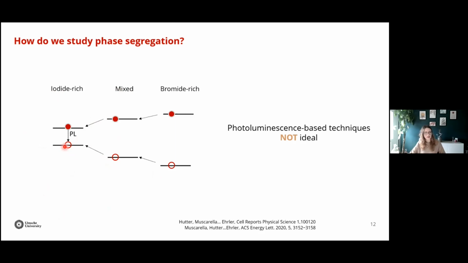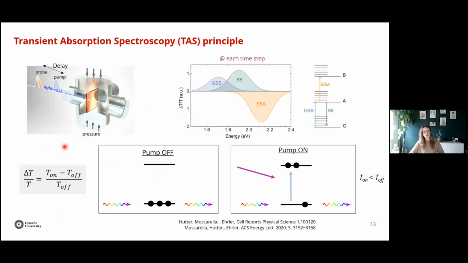So then what we wanted to do was to use transient absorption spectroscopy, which is based on absorption. So we don't have the problem of the photoluminescence-based technique anymore. And here you have the setup, with this pressure cell that I will show you in a bit how it's done.